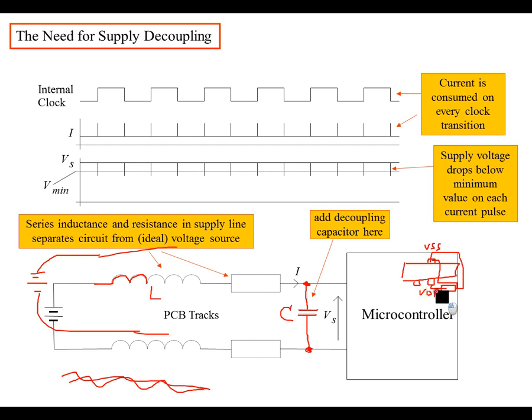It's really important to decouple that. It completely defeats the purpose to have the leads on your capacitor really long, because if you have these leads really long, you're actually adding inductance.